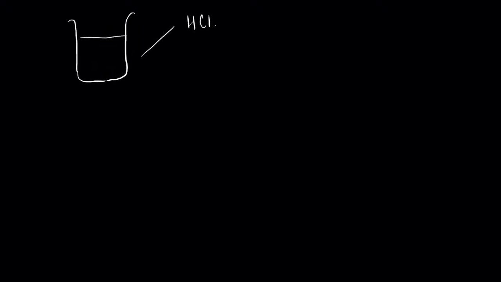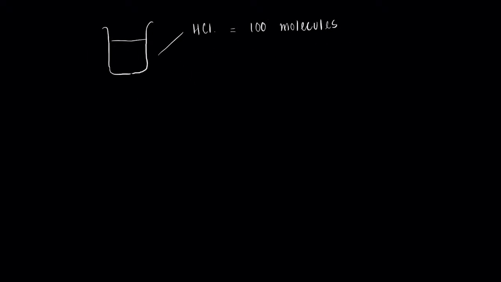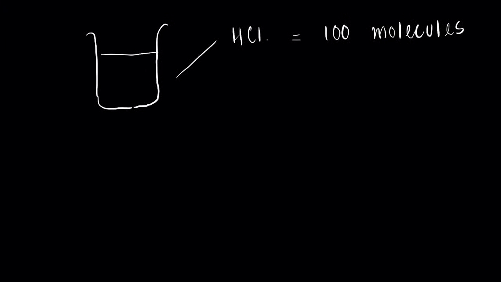For the sake of argument, let's say it has exactly 100 molecules of the acid in there. I also drop a few drops of phenolphthalein in there. Right now it'll be colorless. It'll have no color. Agreed?